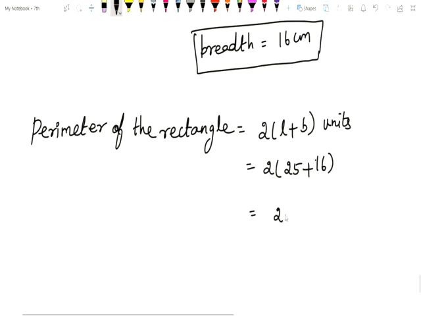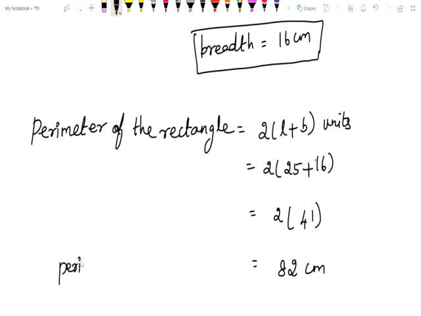So 2 into 25 plus 16. 6 plus 5, 11, remaining 1. 1 plus 1, 2, 2 plus 2, 4. So 41. Multiply this, what you will get? 2 1s are 2, 2 4s are 8. So 82 centimeter.